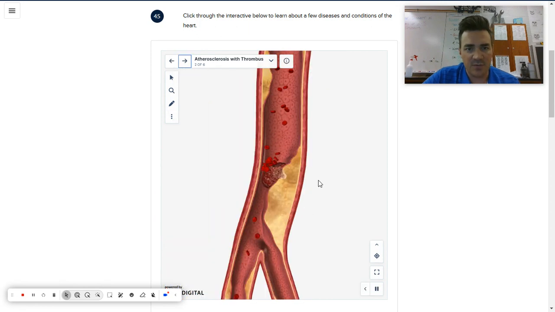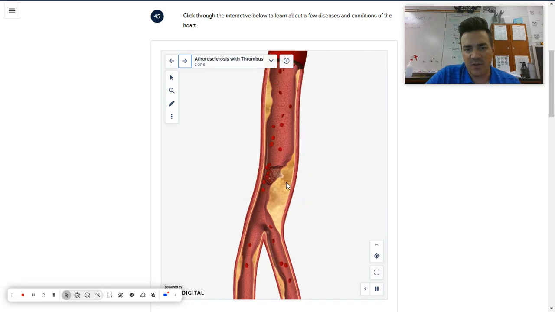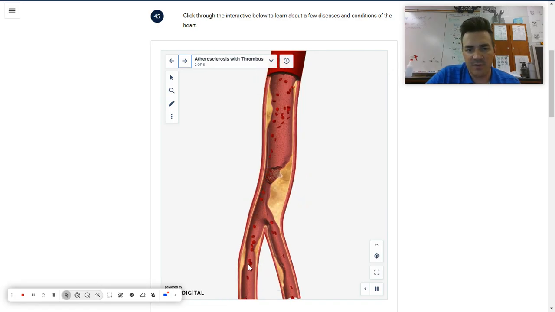So speaking of atherosclerosis, here's an image of atherosclerosis as well as a thrombus together. Atherosclerosis occurs when you have buildup of plaque within an artery wall. So that's what this is right here, this is that plaque that's being built up. And then a thrombus is just a blood clot. So atherosclerosis has caused hardening and narrowing of the blood vessel, of that artery, like a coronary artery.